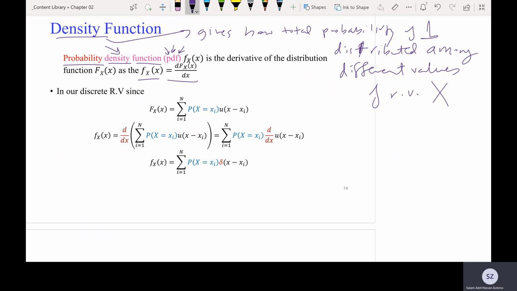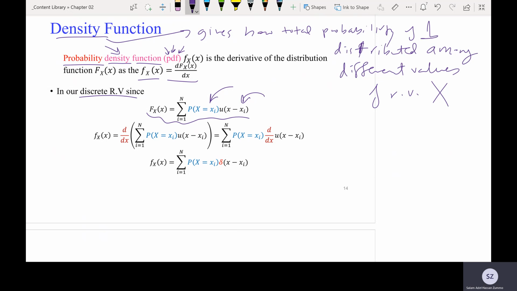So in our discrete case, if we have a discrete random variable, we said the FX will look like shifted step functions at different values of x, weighted with amplitudes equal to the probability that x equals a certain value. Now differentiating this means differentiating what?